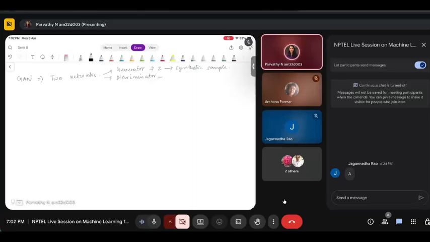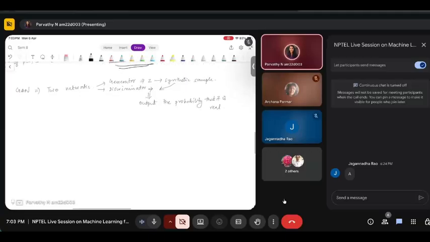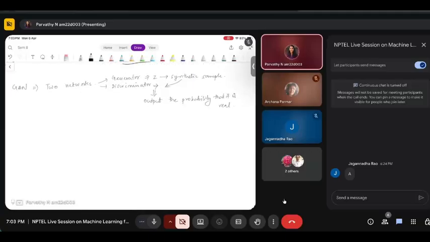Then the discriminator will take this sample and output the probability that it is real, whether it is actual data or synthetic data. So this is what GAN would do, where there are two networks, generator and discriminator.